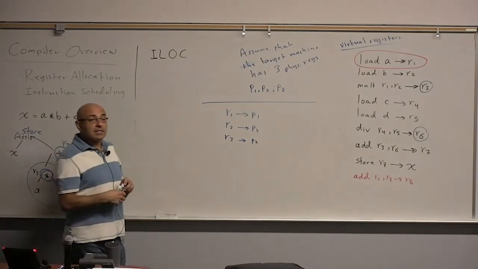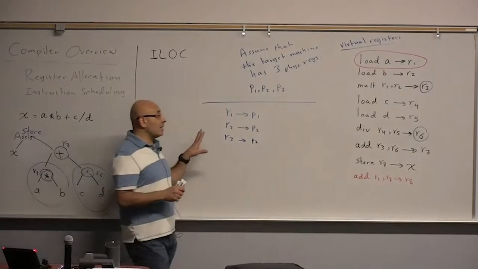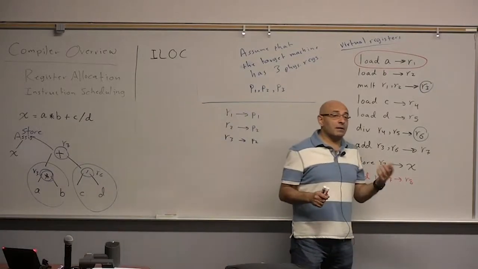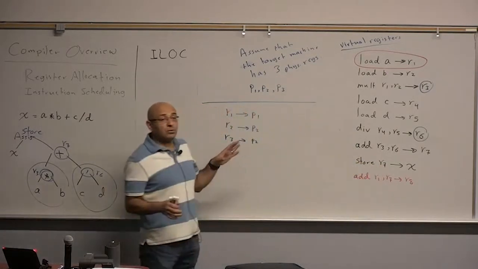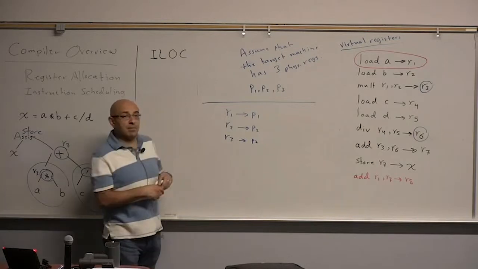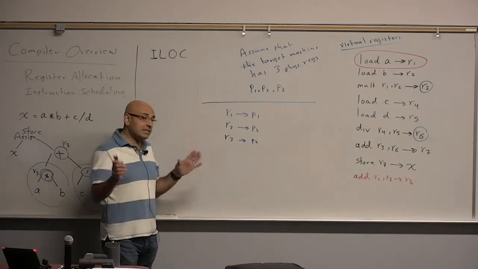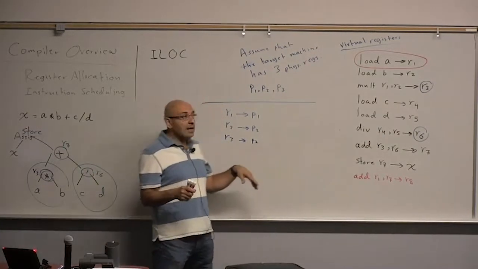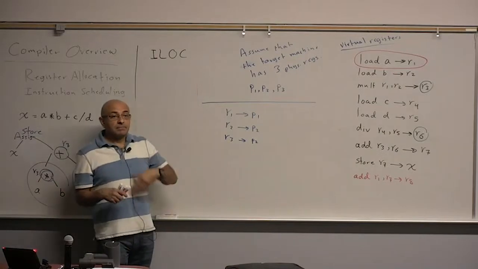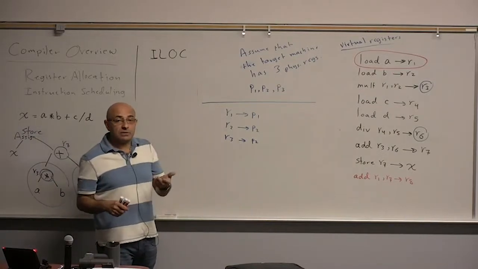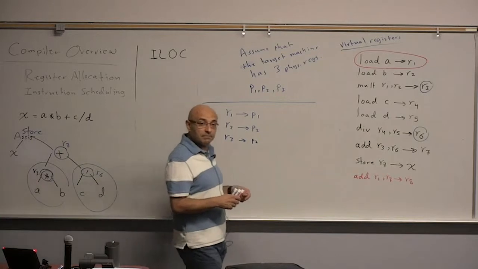So in register allocation, and by the way, we are not describing an algorithm now, we are describing the concept. We are trying to use the minimum number of physical registers, or at least use the registers that we have, and we are trying to do as much reuse as possible. Okay?